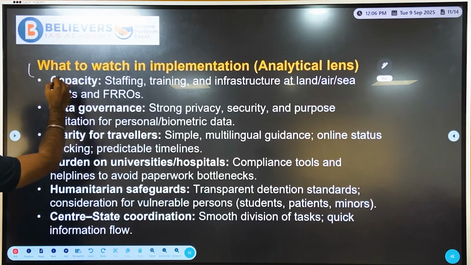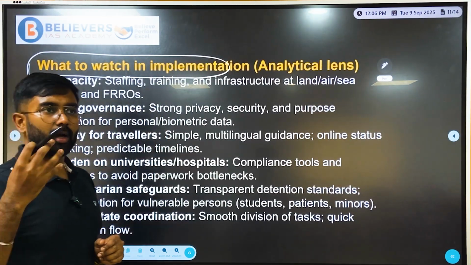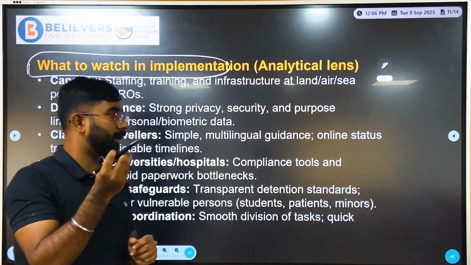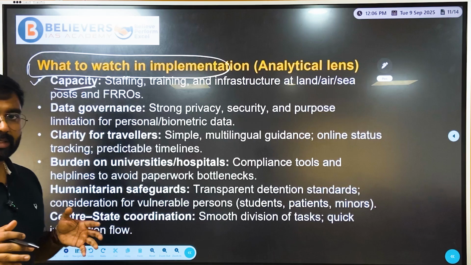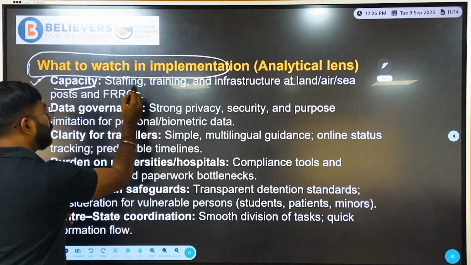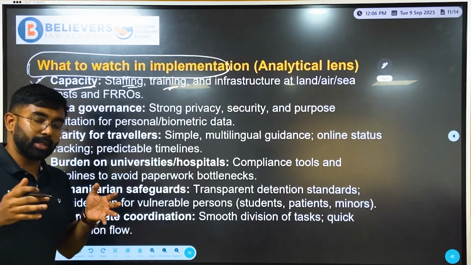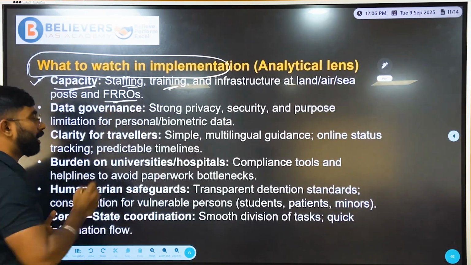But also at the end of the day, even this implementation has a few hurdles that it needs to take care of. One is capacity, and in terms of capacity, we are talking about having a larger number of trained officials in terms of staffing, and also building more infrastructure, because we're talking about the creation of the FRROs, right?